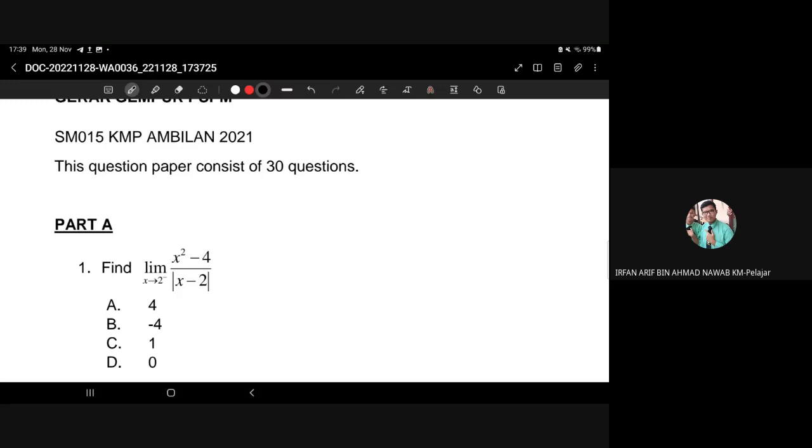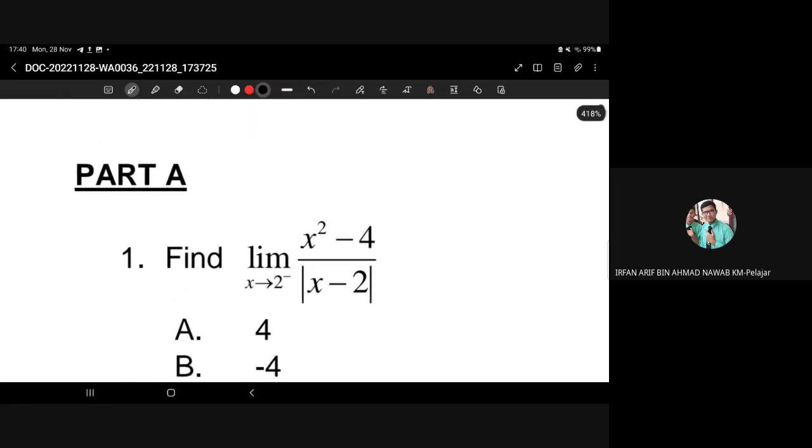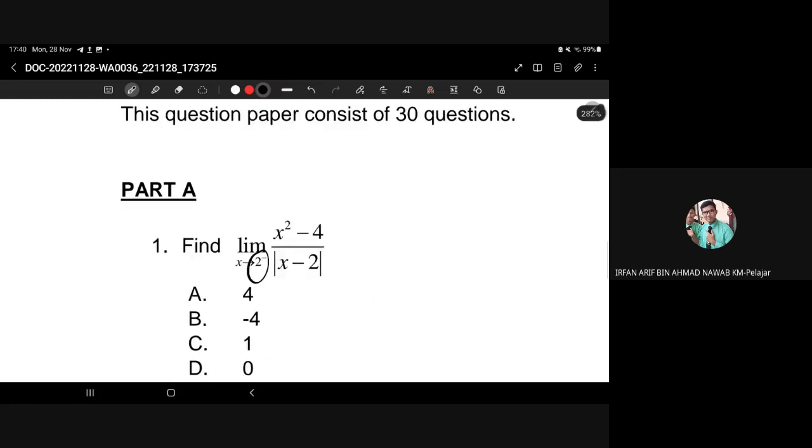All right. So for the first question, we have a one-sided limit. If there is this negative symbol, it means that it's approaching from the left. First, we see there is a modulus function, or absolute function. What we must do first is make it a piecewise function.